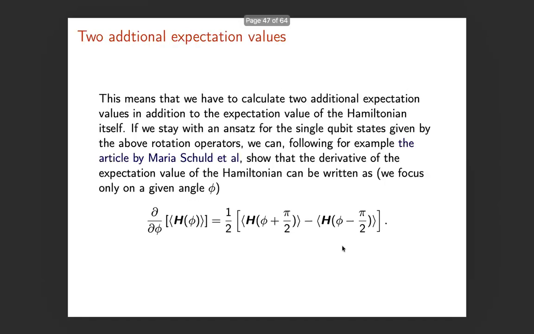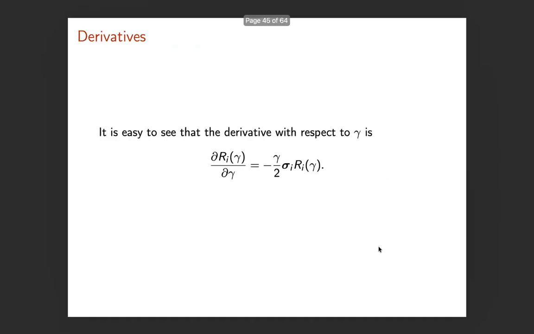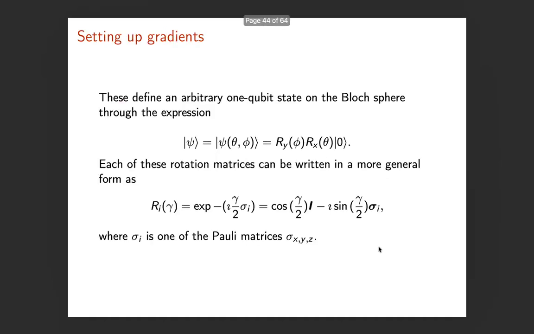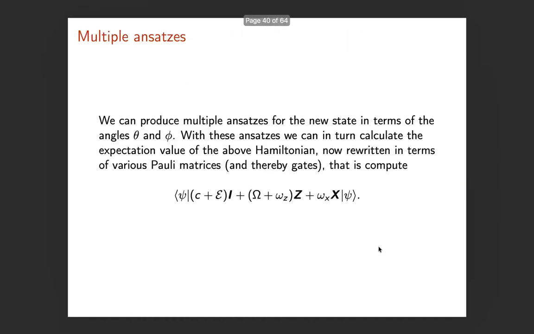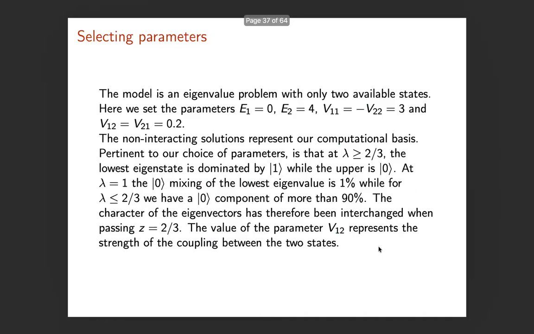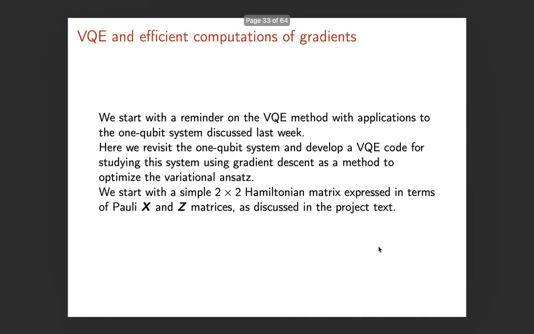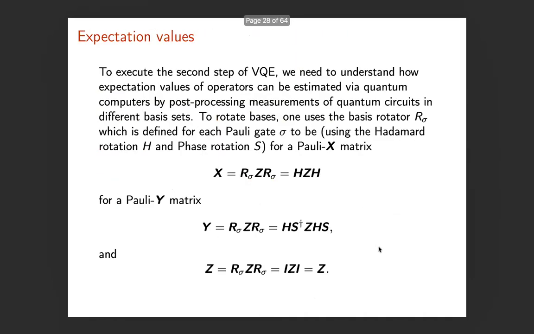For next week, we are going to go through the explicit derivation of this quantity. After that, we are going to look back at the explicit calculation of the expectation values of the Pauli X, Pauli Y, and Pauli Z matrices.